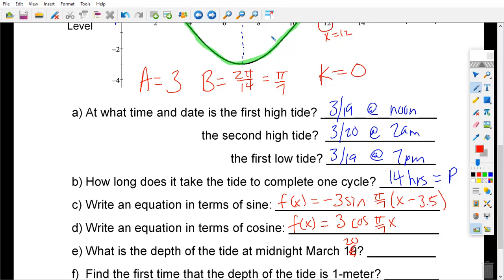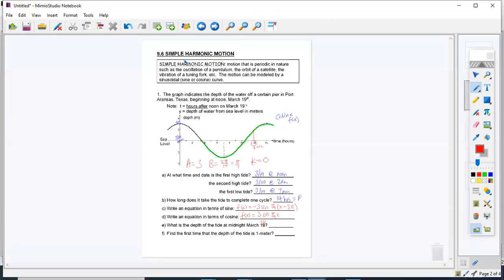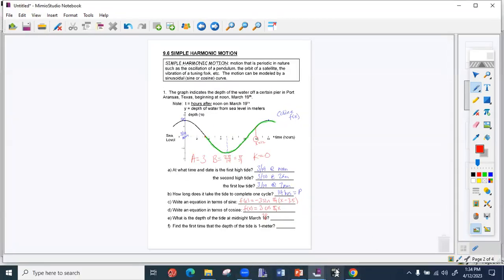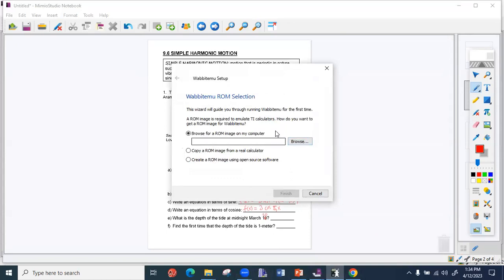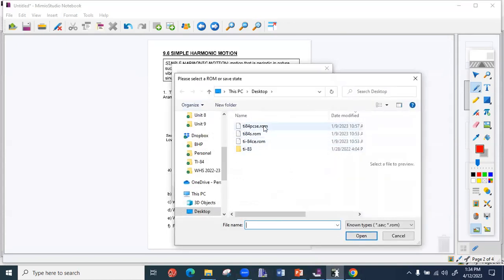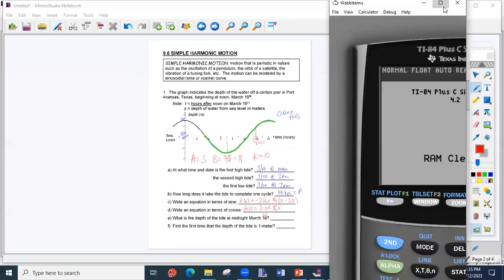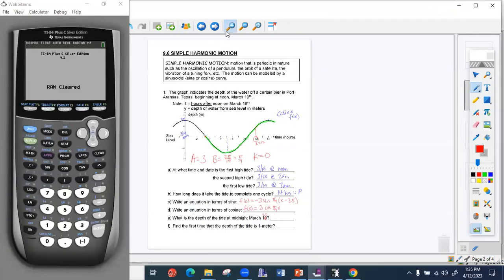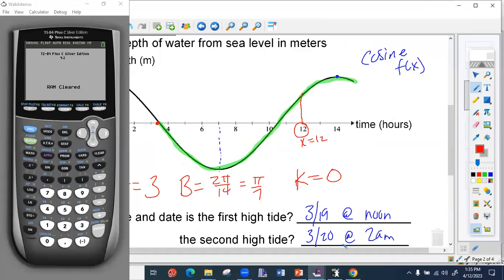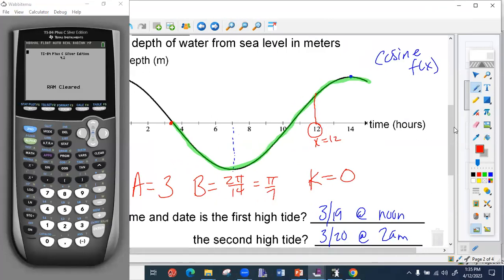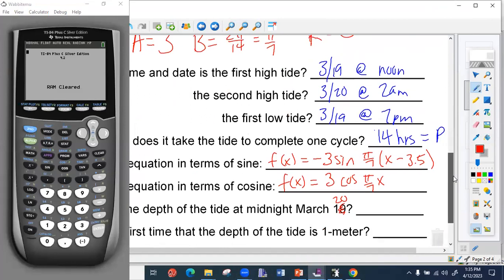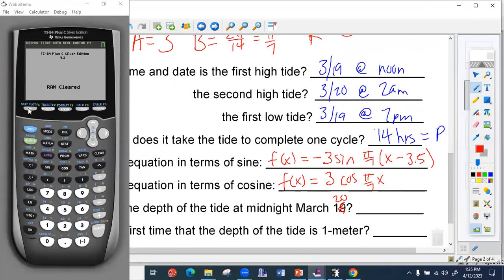I'm going to pull that out. There we go. Doesn't matter if you use sine or cosine. It does not matter which function you use. Is anyone just plugging in, or are y'all going to do the graph? So I'll model the graph.